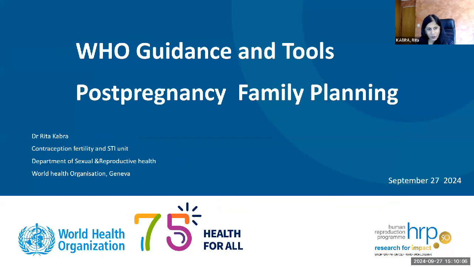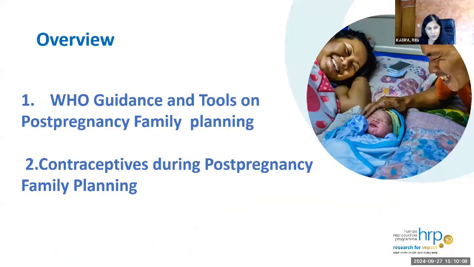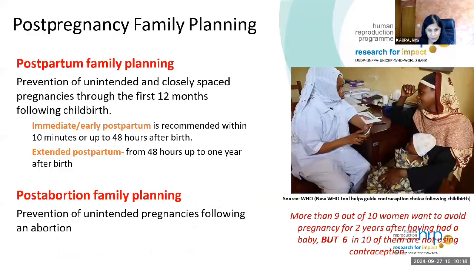So what we're going to talk about today is the guidance and tools on post-pregnancy family planning and contraceptives which can be used during post-pregnancy family planning. But before I go into this, let me say what post-pregnancy family planning is. It refers to both postpartum and post-abortion family planning.